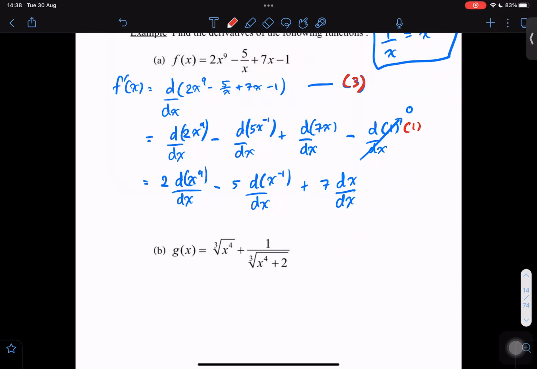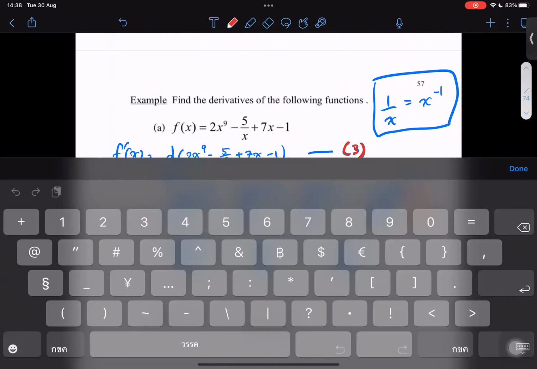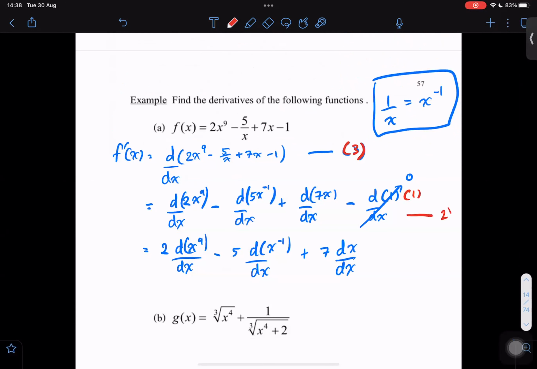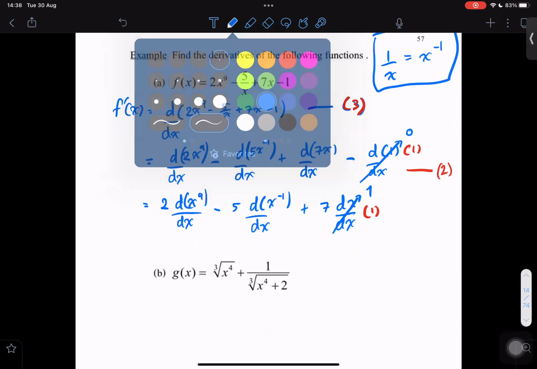In this part I'm using formula number 2, and this thing equals 1.